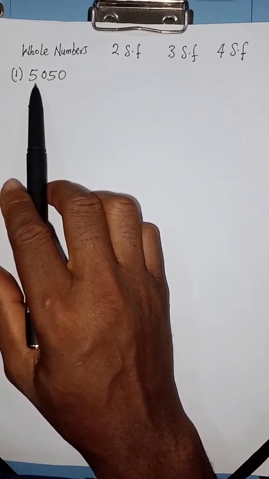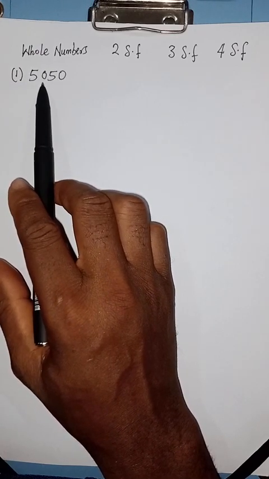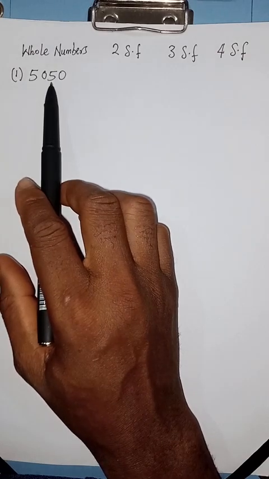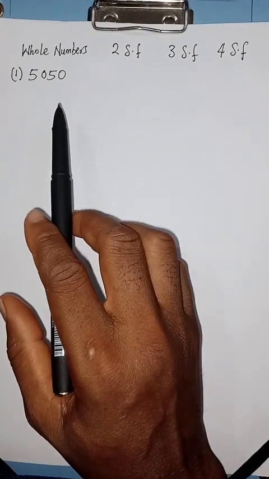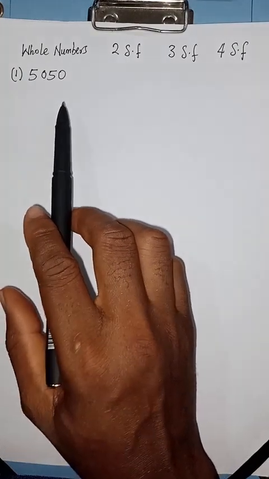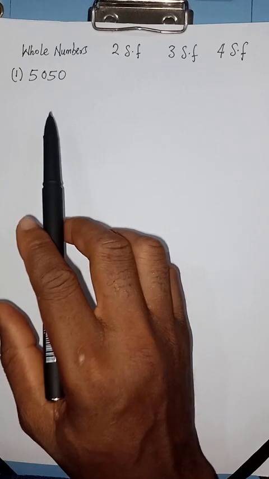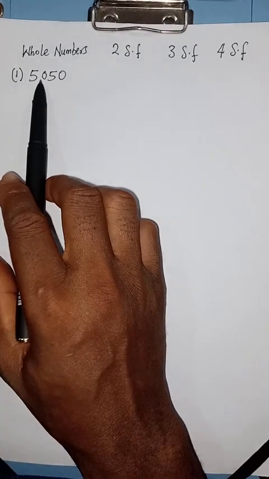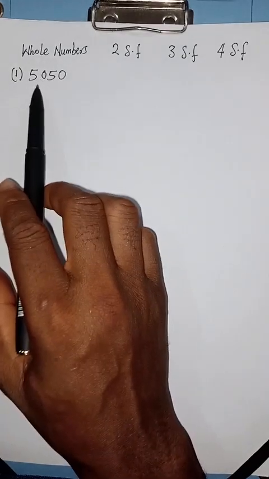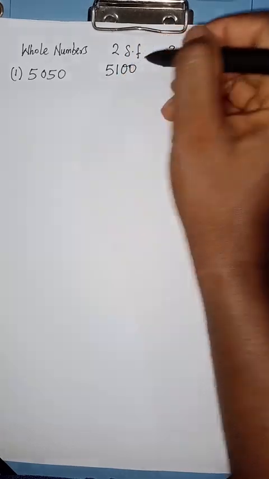But before I convert every other digit to 0, I will check the digit immediately after the second significant figure. Is that digit up to 5? It is still the same principle governing rounding of numbers to the nearest tens, 100, and 1,000. If it is greater than 4, which means it is from 5 to 9, then you round up by adding 1 to the previous digit, and that becomes 5100.